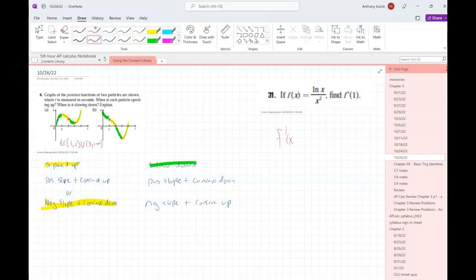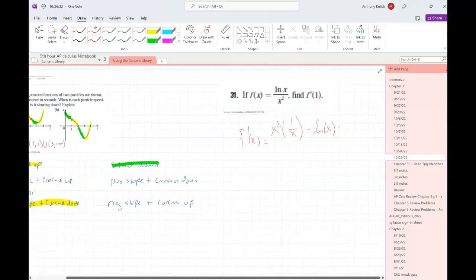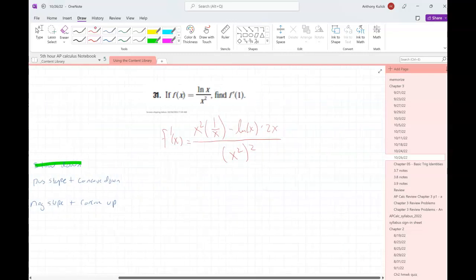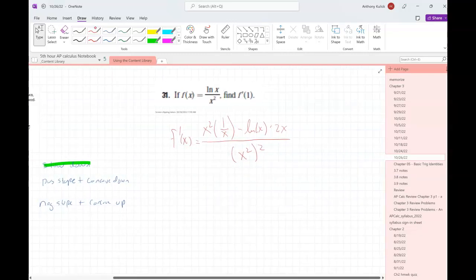So f prime of x is going to equal the denominator times the derivative of the numerator minus the numerator times the derivative of the denominator all over denominator squared. And I could simplify this, but I don't care to, because all I'm going to be doing is plugging 1 in immediately. So like, why bother, right?